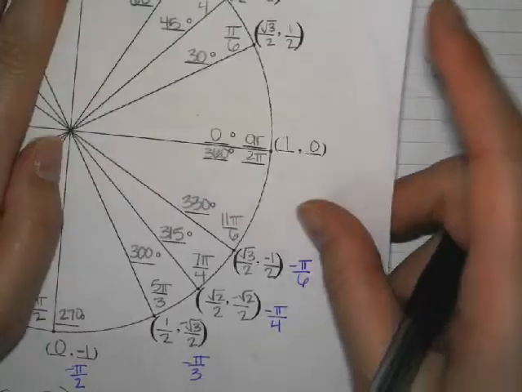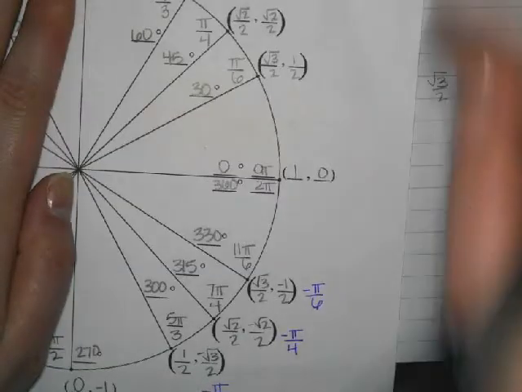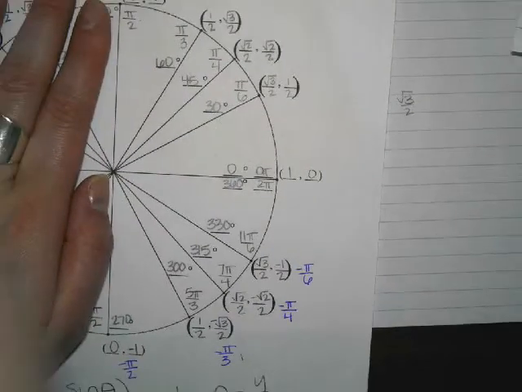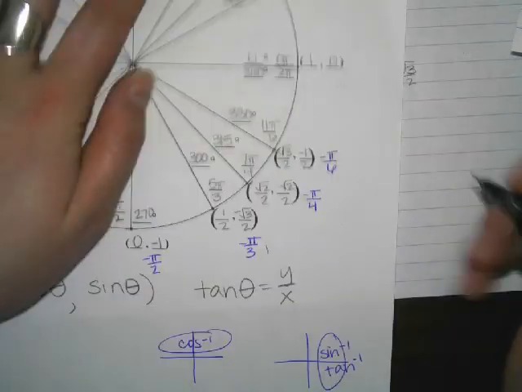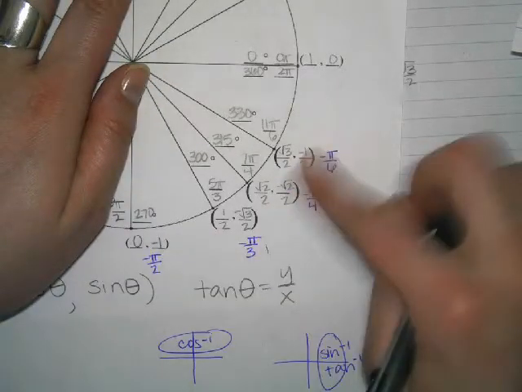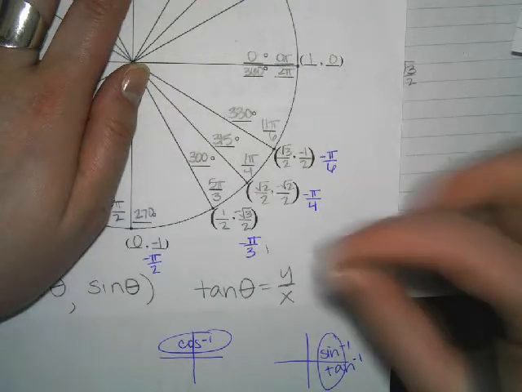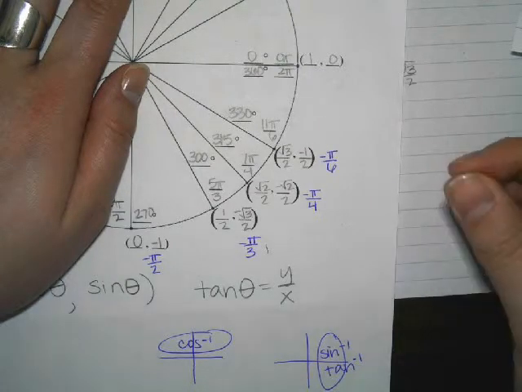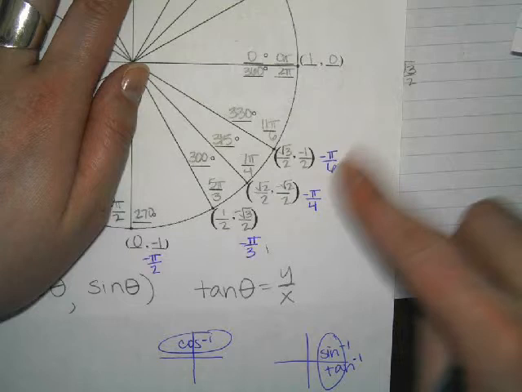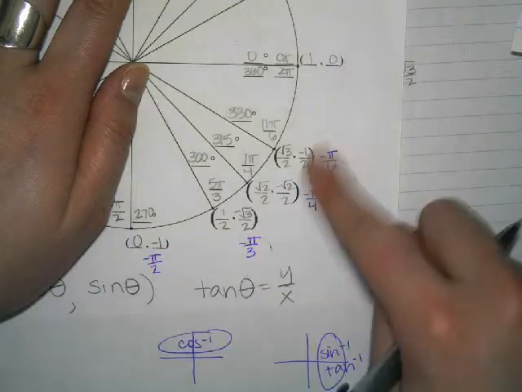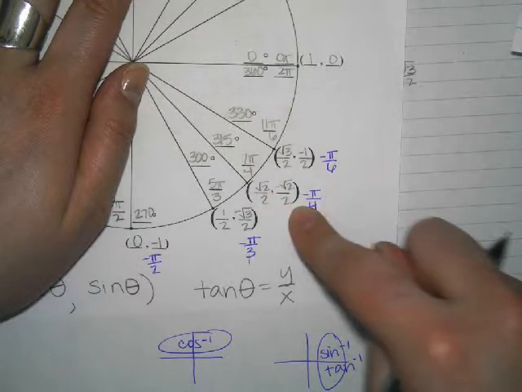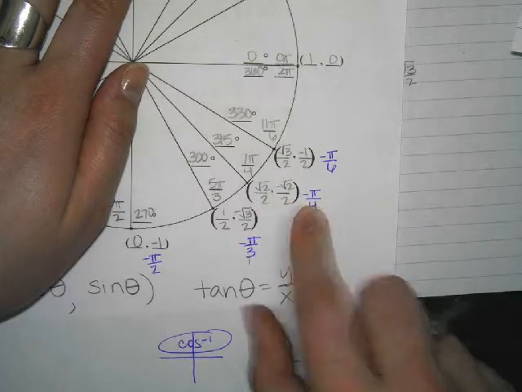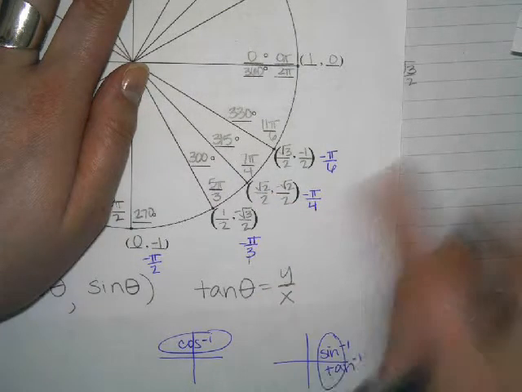So looking in quadrant 1 and 4, which quadrant makes more sense to look in if our answer has to be negative? Quadrant 4. Okay, so we're looking in quadrant 4, and we know that the two numbers, when they are divided, they become a 1. So which one would make sense for them to divide and become a 1? It'd have to be this one, right? Because they have to be the same number. That's how they divide to be 1, is they have to be the same. So we're going to say the answer is negative pi over 4.